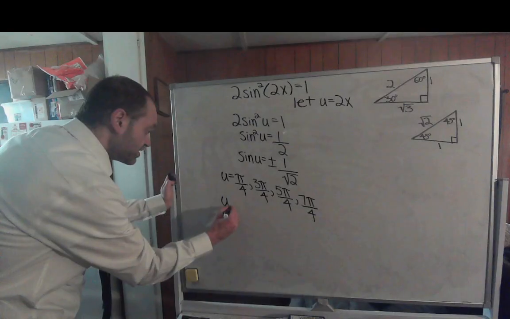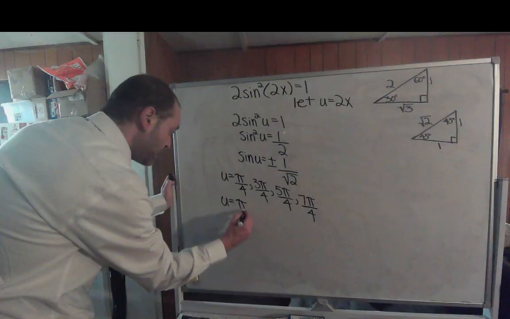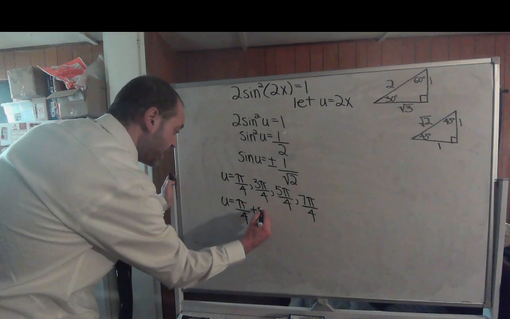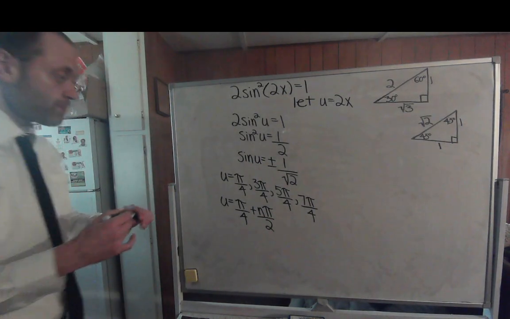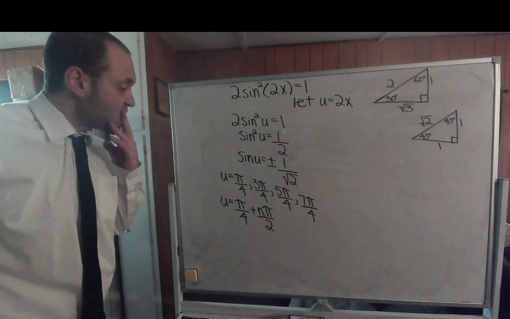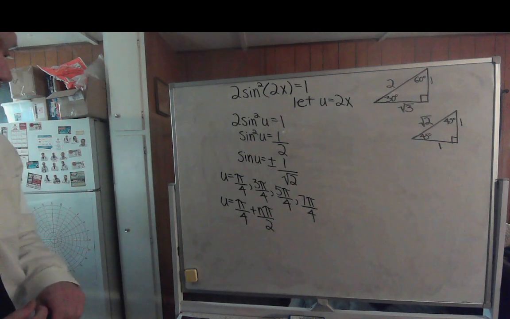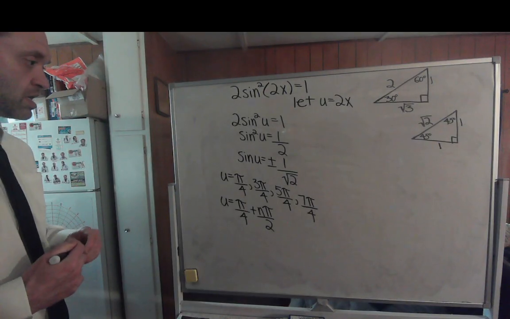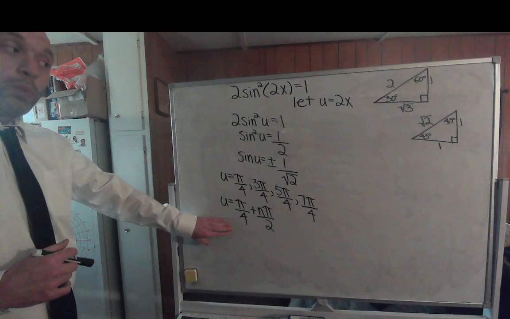So you could list all this as one general solution of u equals pi over 4 plus n pi over 2. Alright, so that's your general solution for u, but we're not done yet.